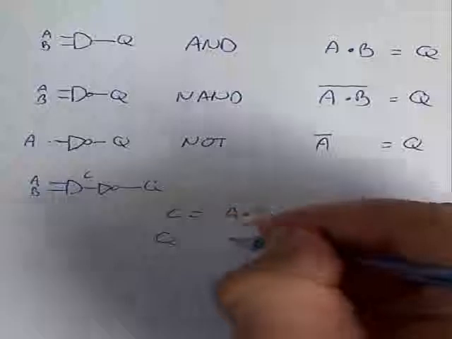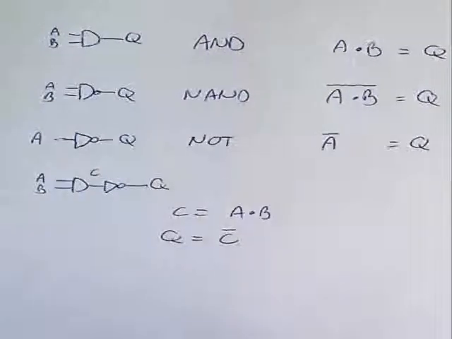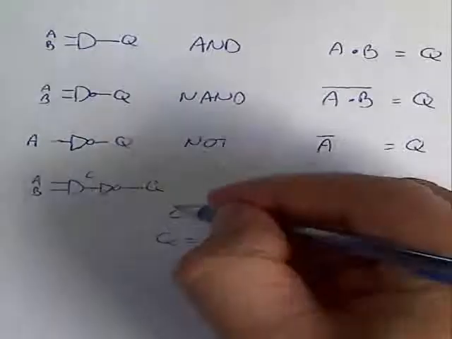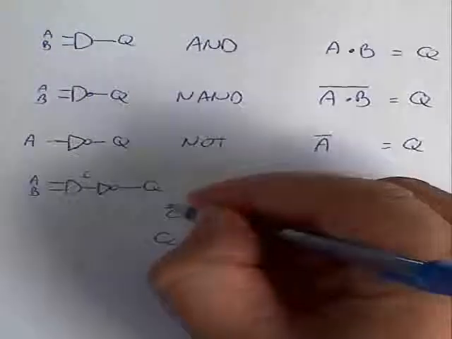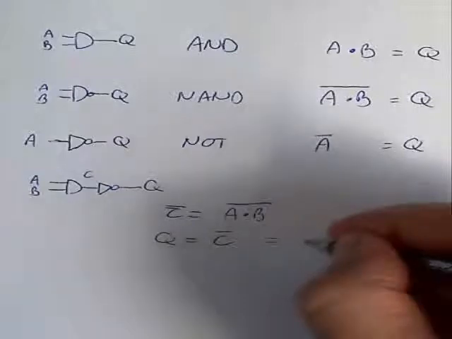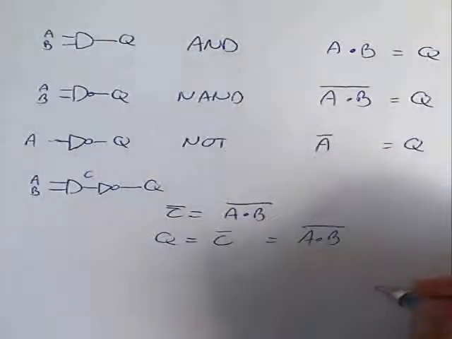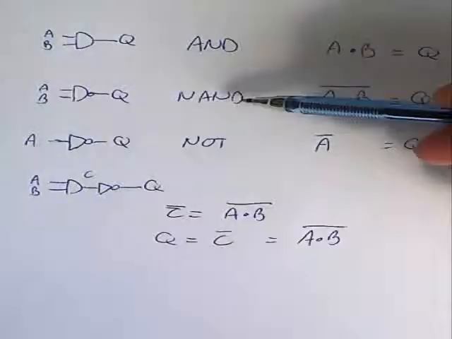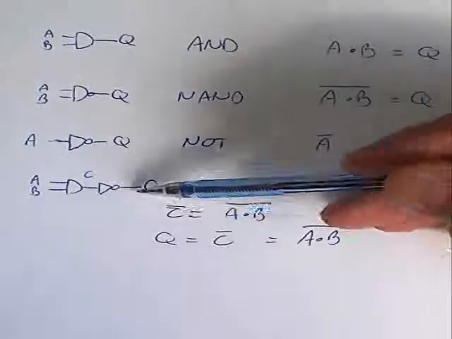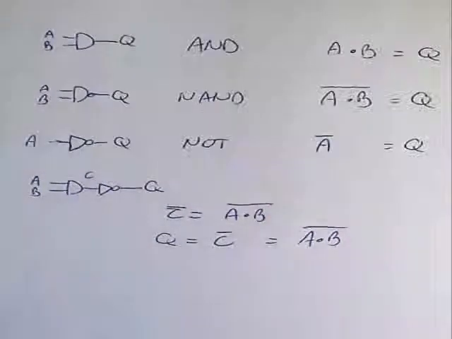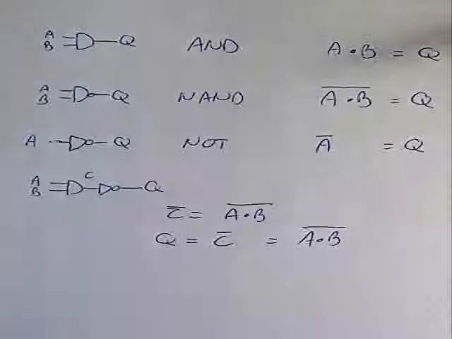Q equals not C. So if I put the bar over this, not C is going to be not A and B. So you can see the NAND can be made from an AND gate with the output going into a NOT gate, giving us an inverted output, or a NAND output.